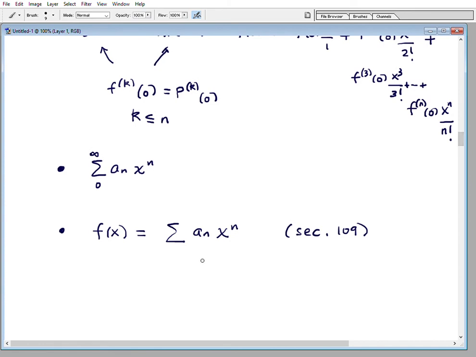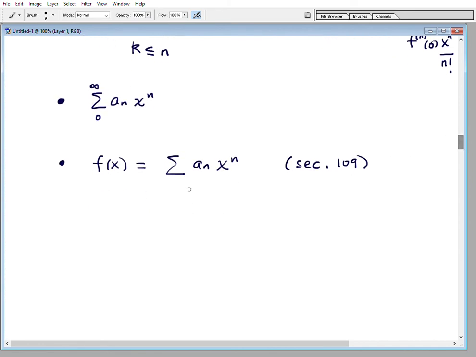And we're just going to look at some specific ones that we could find based on some things that we know. So here's the one main tool that we're going to use: geometric series. We have a formula for the sum of a geometric series. So remember that. It converges if the absolute value of r is less than 1. So that's just a fact that we learned about geometric series.